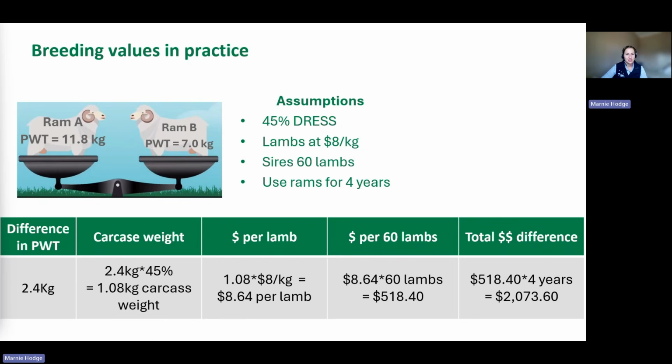We'll then apply a conservative estimate of selling that at $8 a kilo, which gives us an $8.64 difference per lamb between sire A and sire B. If we multiply that by 60 lambs, that gives us a difference of $518.40. And if we multiply that by 4 years, that gives us a difference of Ram A producing a positive of just over $2,000 across a 4-year period compared to buying Ram B.